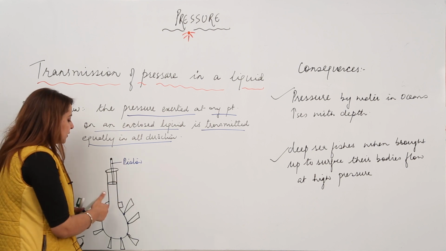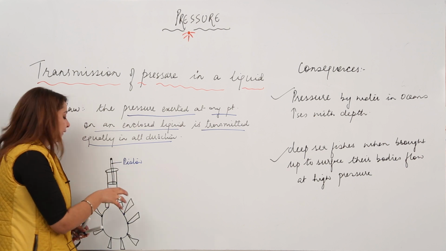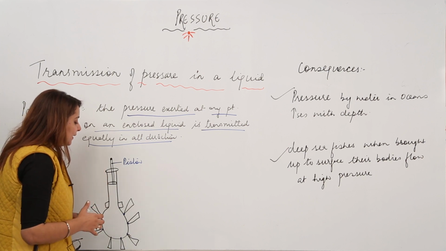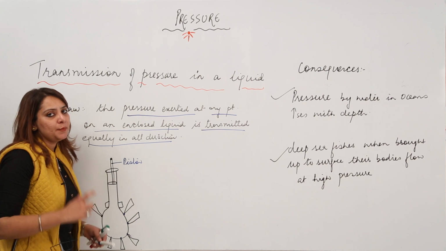So when I press the piston, the liquid moves down and pressure is exerted on the liquid, and the liquid starts oozing out from the holes. And we see that the liquid coming out from the holes is moving with the same pressure.